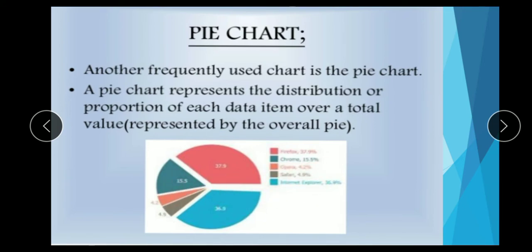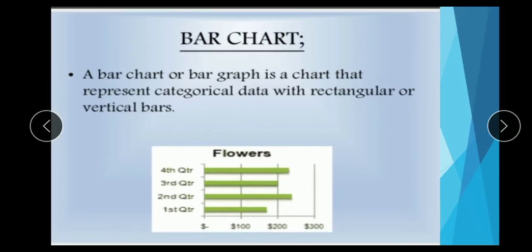Just like distributing land, anything you want to distribute, then use a pie chart. Next one, the bar chart. A bar chart or bar graph is a chart that represents categorical data with rectangular or vertical bars. So this is called the bar chart.